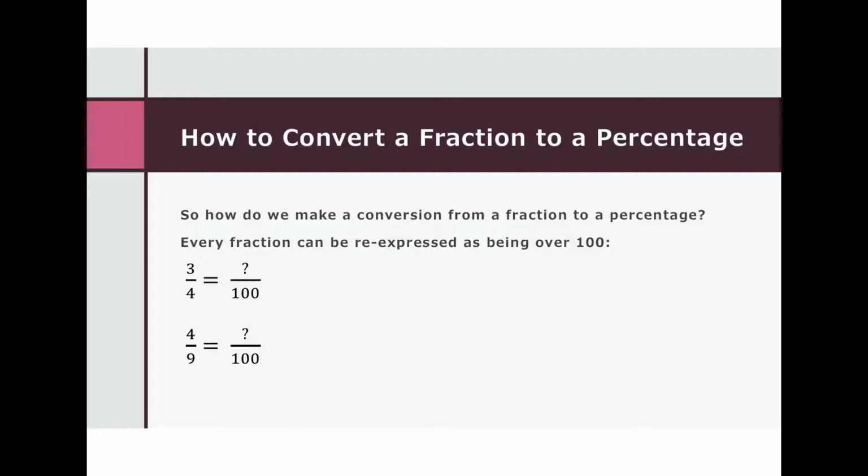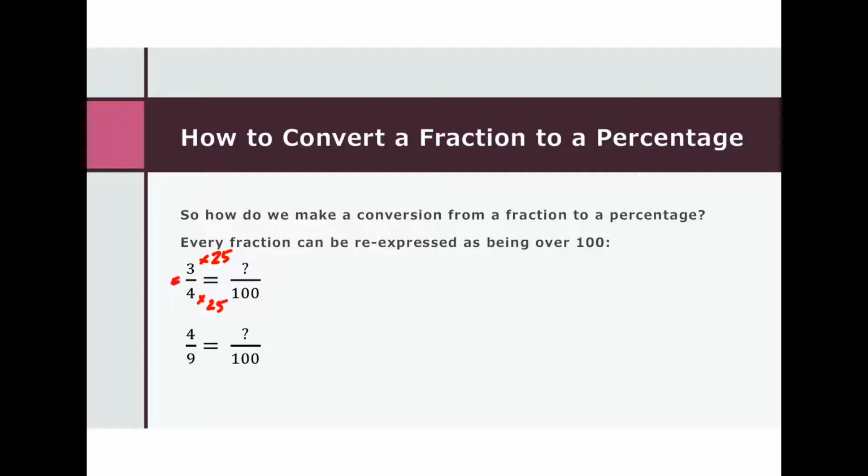One of the ways that we do this is simply by multiplying the top and the bottom by the same number. So if I know that I want to have 100 and I have a 4, then I know if I multiply 4 by 25, that'll give me 100. Well, the rule is if we do it to the bottom number, then to keep the value of the fraction the same, we have to multiply the top number by the same value.